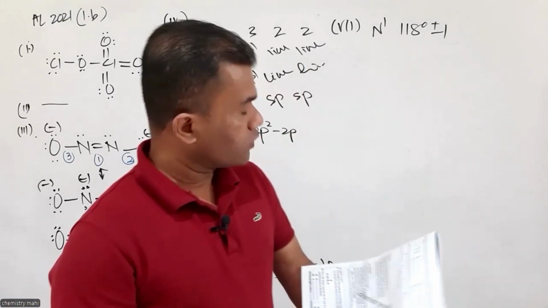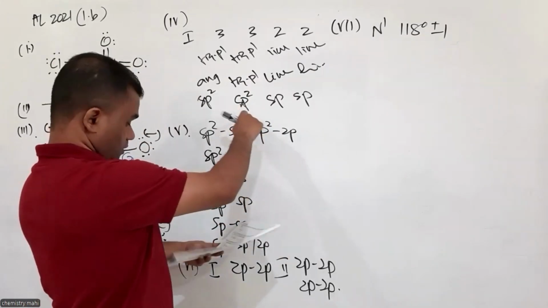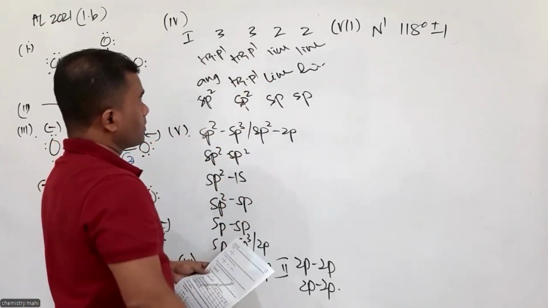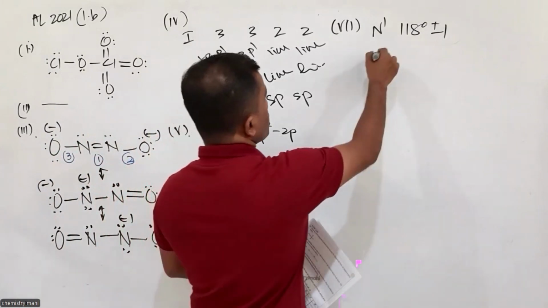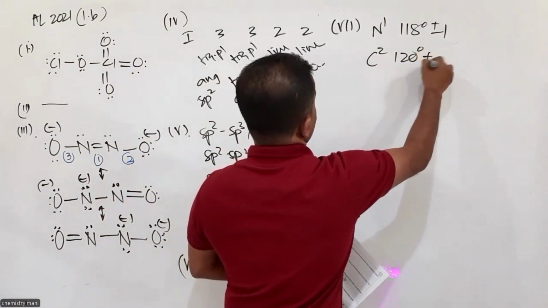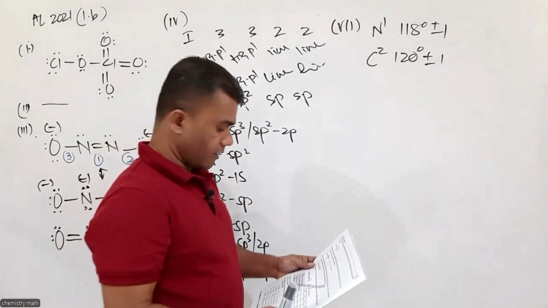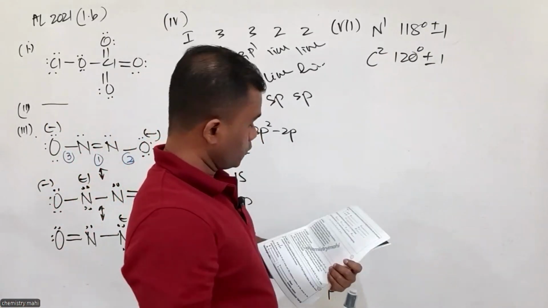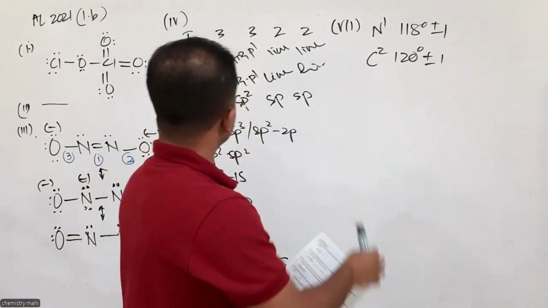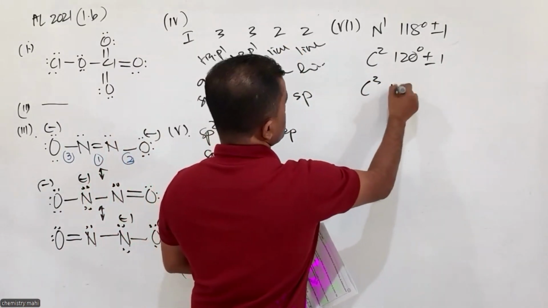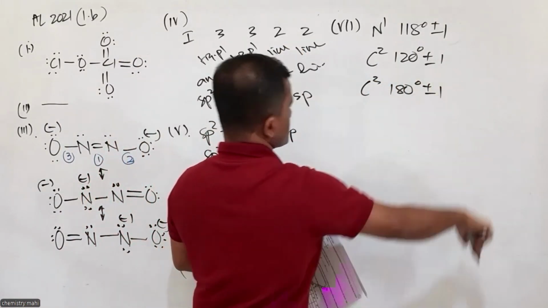Next one, C2. Trigonal planar again, 120, even 120 plus or minus 1, because the environment is different. One can be greater than that, one can be less than that, I told you. C3 is sp, linear. So for C3 also, it's given 180 plus or minus 1.